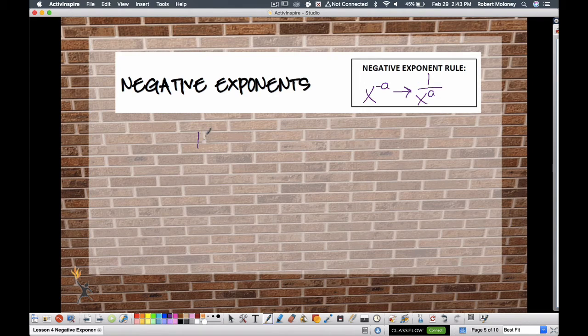So 1,000 can be written as 10 to the third. 100 can be written as 10 squared, and 10 is written as 10 to the first. Just another way to think about this: 3 zeros, exponent of 3, 2 zeros, exponent of 2, 1 zero. And then we talked about the other day that when it's 1, it's written as 10 to the 0 power, because it's a 1 with no zeros.